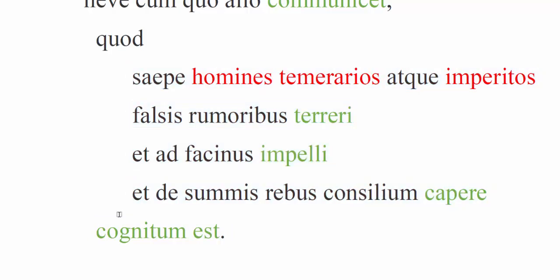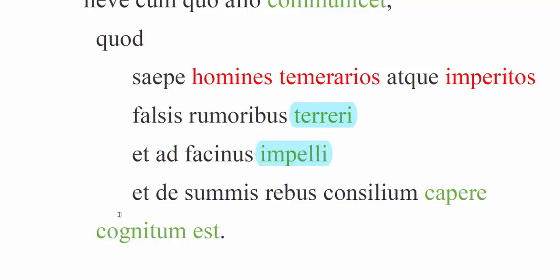So what is believed by the Gauls? Often, men, what kind of men? Rash men, people who are prone to quick action, and imperitos men. This is inexperienced men. What will happen to these men? Well, they might be terrified by false rumors.